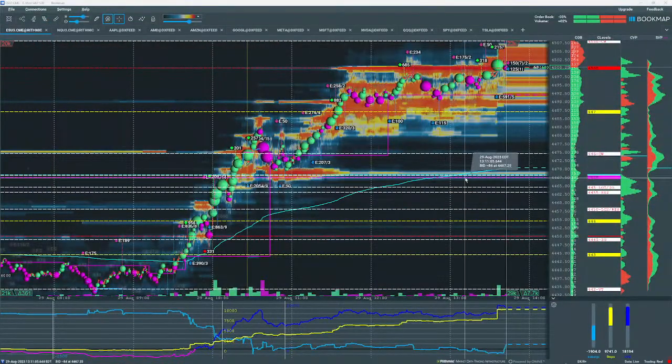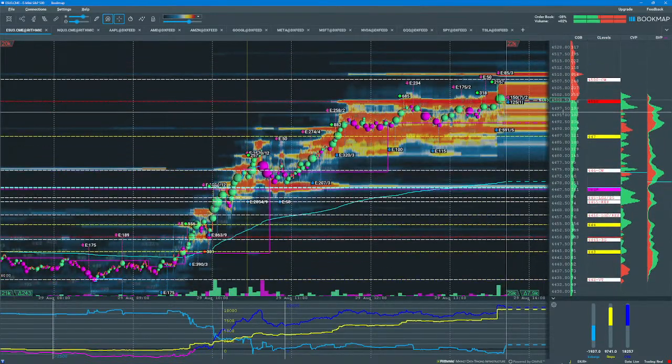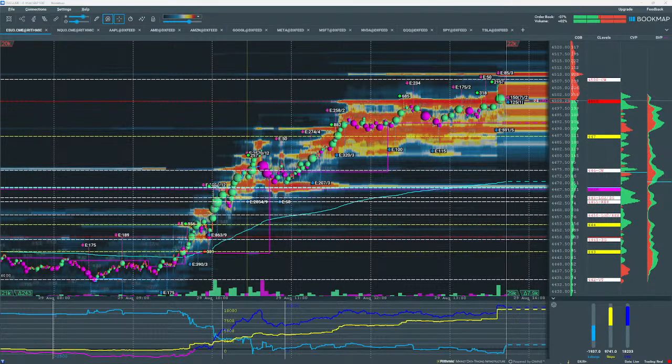All right, this is the S&P 500 ES futures in Bookmap. And I have my cloud notes here where I have the SPX levels. So there's the 4,500 call wall. I also have SPY levels. Here's the 442 volatility trigger for SPY.